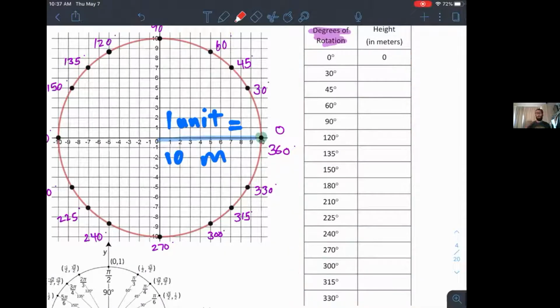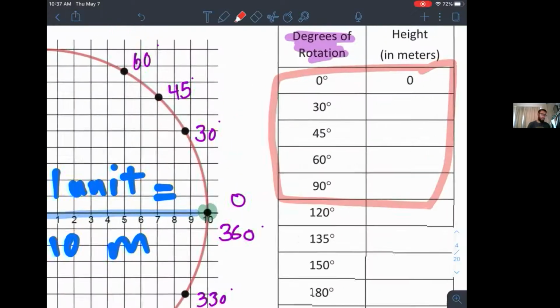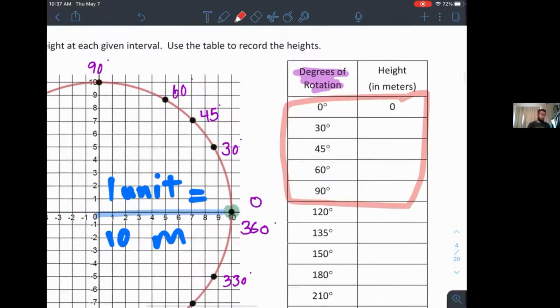But we know now through our use of reference angles that really all I need to do is find the first quadrant, and then I can use that information to copy and paste the next 3. So I want to focus my attention on just these first 5 angles at 0, 30, 45, 60, and 90, and then we'll use our knowledge of repetition or equivalency to help us solve the rest.